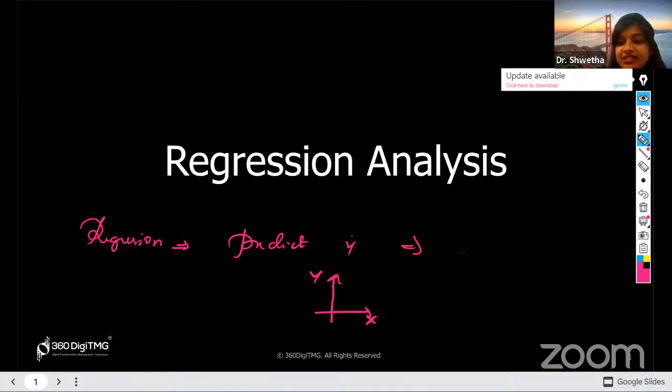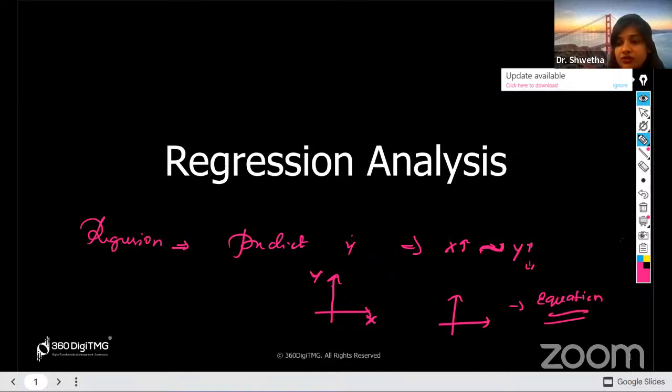If the increase in x will directly impact the y, it may increase or decrease, or whatever that is, the impact or the relationship between x and y is found out, and for that, the model generates the equation.